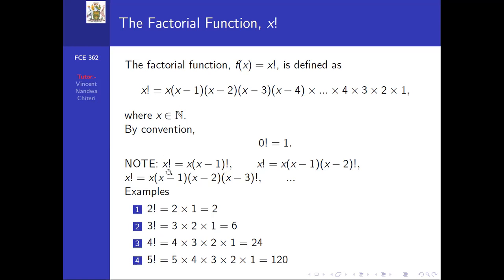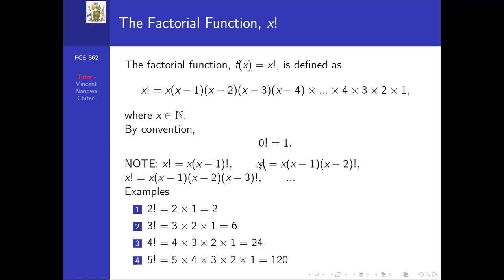So x factorial can as well be written as x times x minus 1 factorial. Similarly, if you start the product from x minus 2, x minus 3, times x minus 4 up to times 1, you are defining x minus 2 factorial.